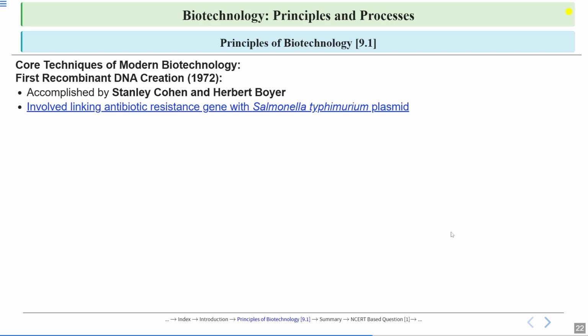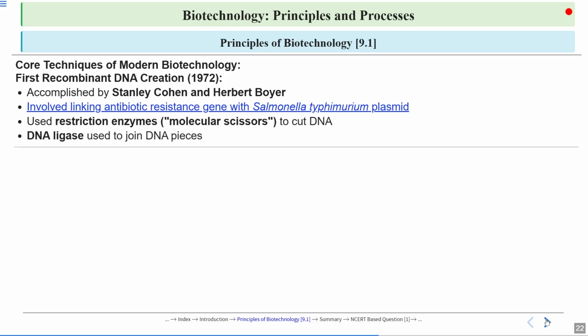And how did they get this specific antibiotic resistance gene? They got it using restriction enzymes, also known as molecular scissors. These enzymes became one of the most important discoveries, and they help to cut the DNA at a specific location. That is the reason they could take out the specific genes involved in antibiotic resistance.